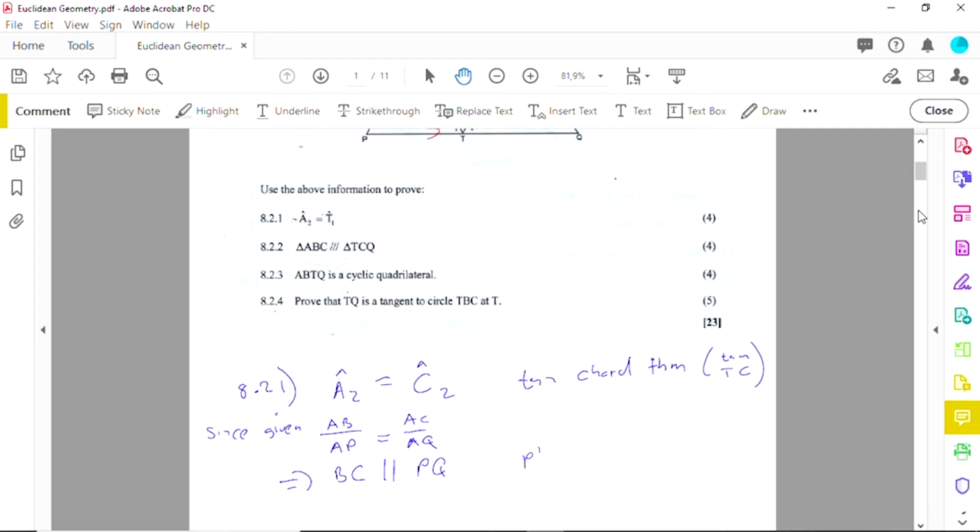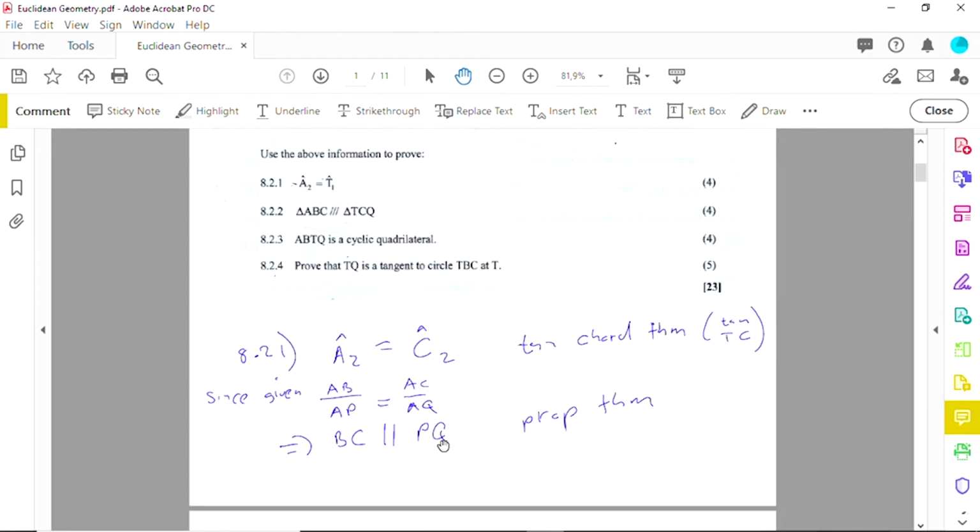By the proportional theorem, or the converse of the proportional theorem, this must be parallel.